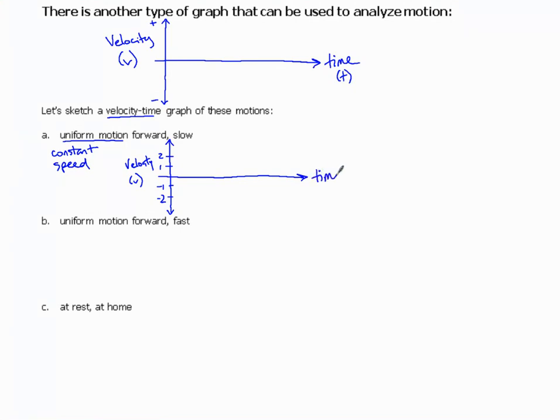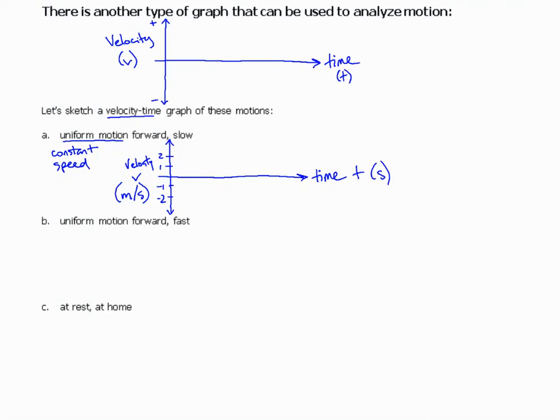Here we have time, which is t in terms of seconds. And I guess I need to go back and make an adjustment. Change this velocity v. Velocity is v, but the units are meters per second. There we go. So we are going in uniform motion, which means a constant speed.